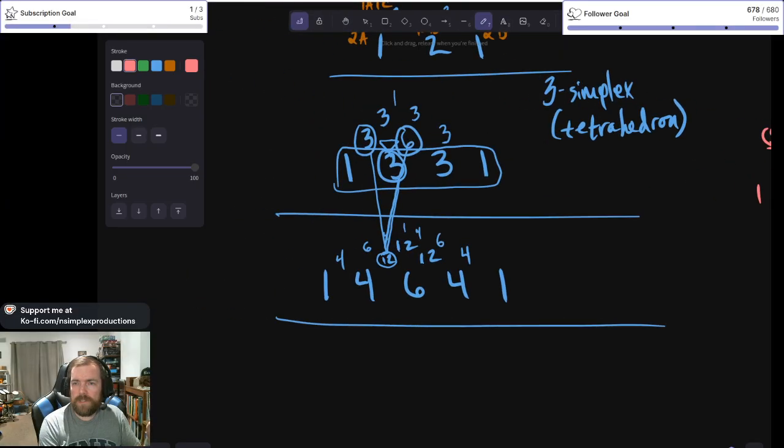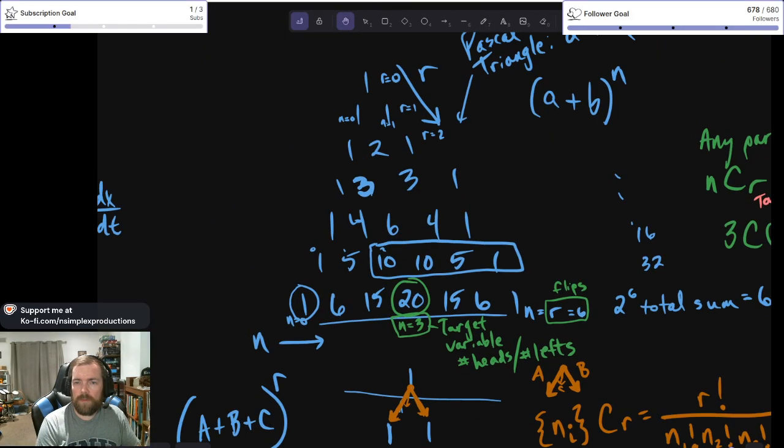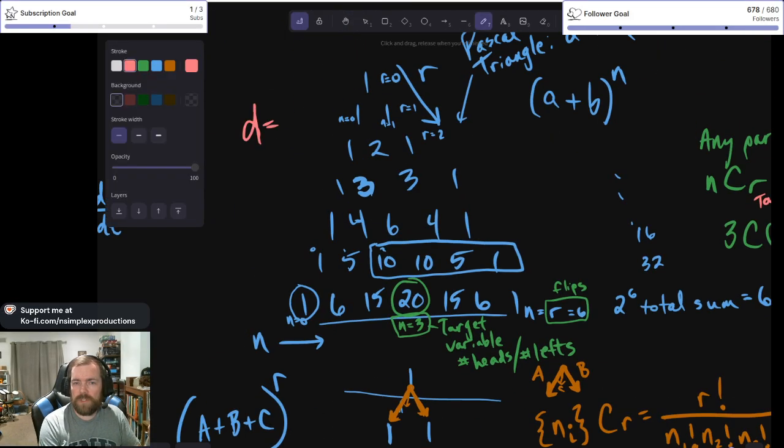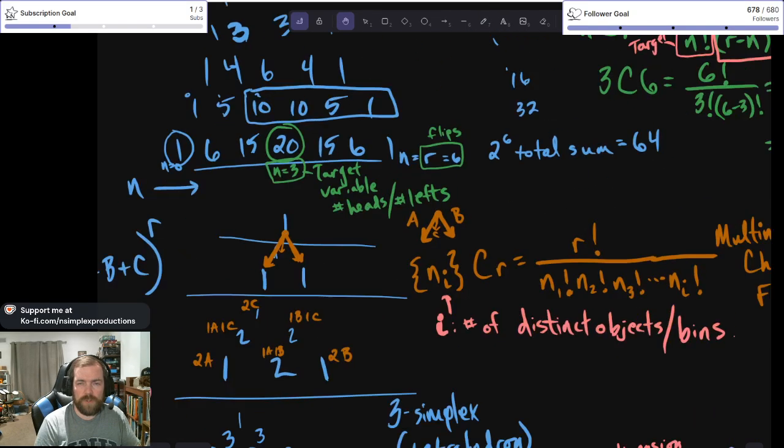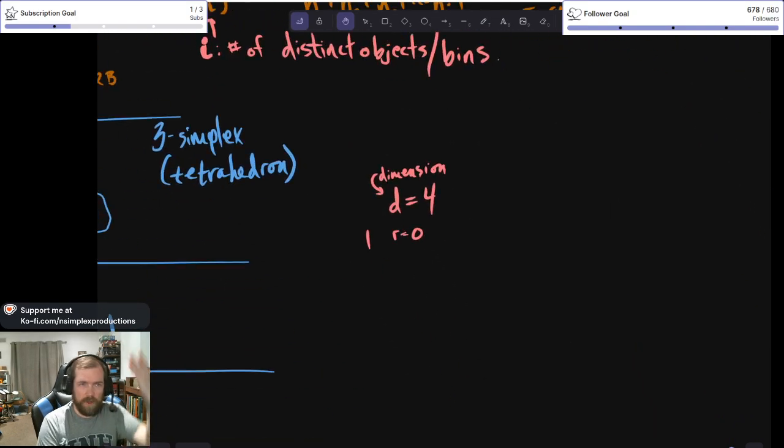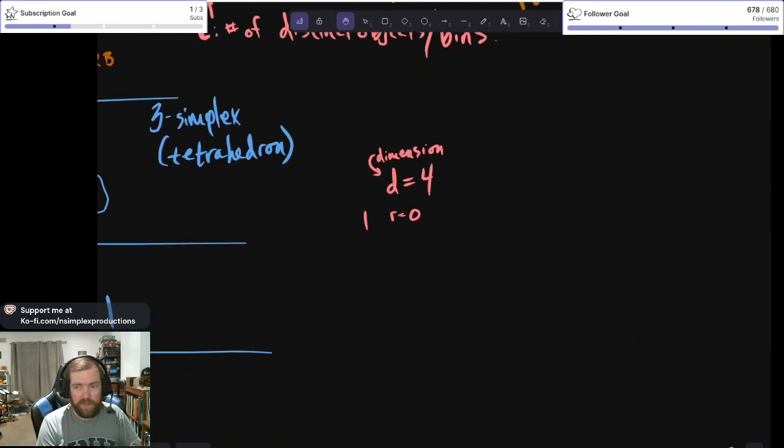Which means that over here, d equals 3. Up here, d equals 2. And d equals 1 is extremely boring. It's just 1 all the way through, because there's only one thing you can do.